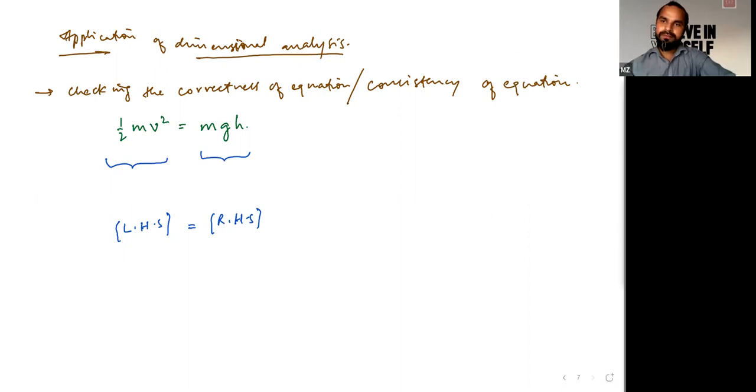Ishan, which value? Mass for velocity. Okay.